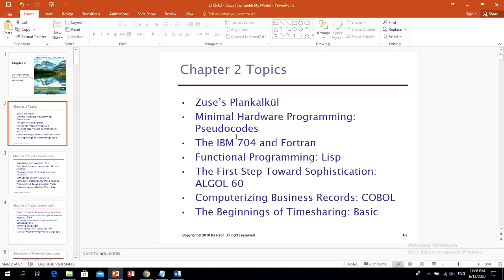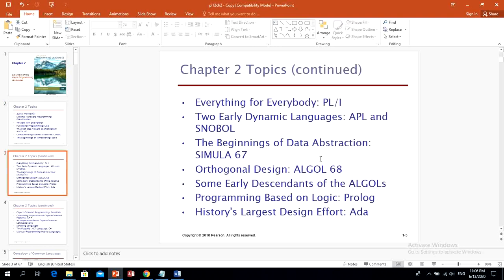Then time sharing, starting from the BASIC language. Then there is the PL/I language and two early dynamic languages like APL and SNOBOL. After that, since the early or late 1960s, we're gonna start with data abstraction languages like Simula, which has a lot of versions as well.